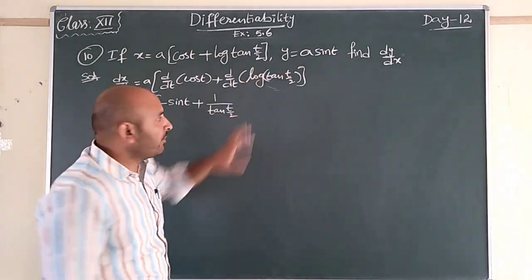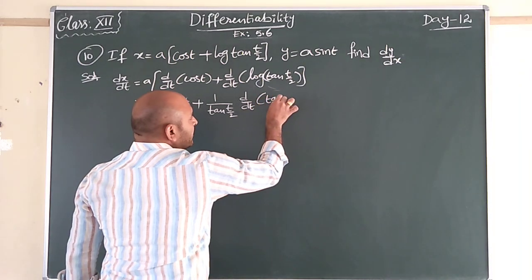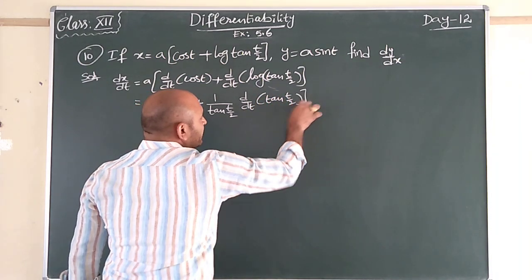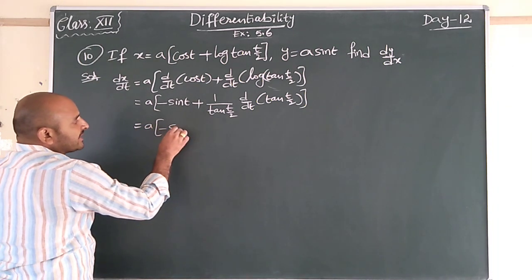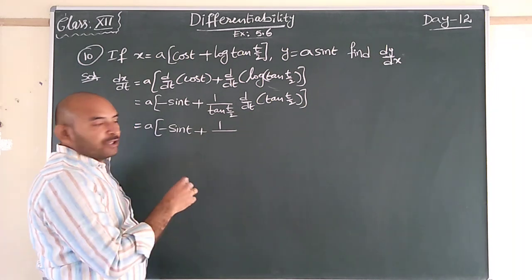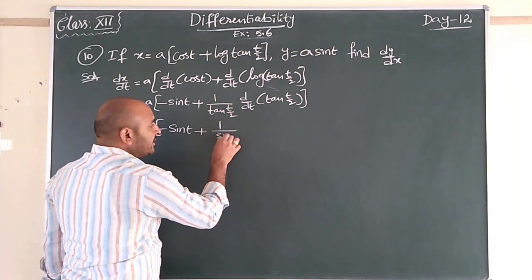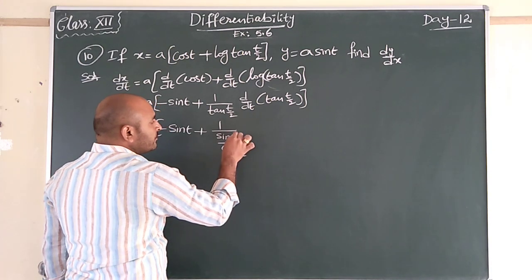Then the inner function derivative again: d by dt of tan t by 2. It is equal to a of minus sin t plus 1 divided by tan t by 2. How can you write tan t by 2?